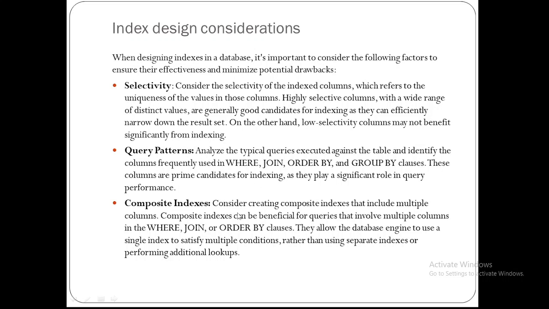Composite index. Consider creating composite indexes that include multiple columns. If we have duplicate rows in a column, that may be fine in cases when we have composite indexes, where two or three columns can create a single unique row, like first name, last name, gender, DOB.